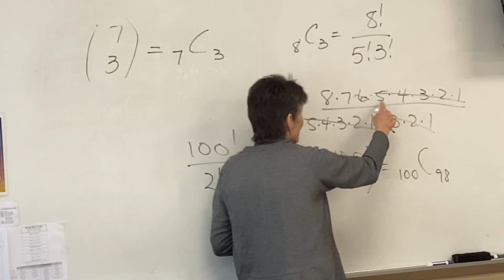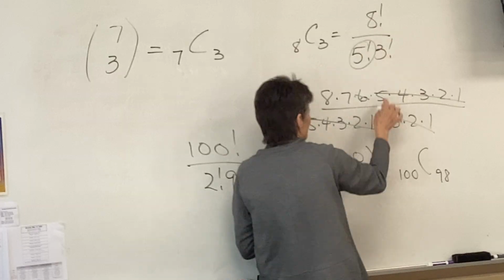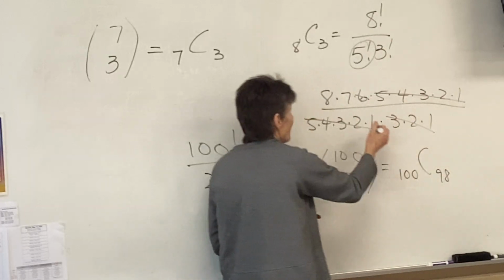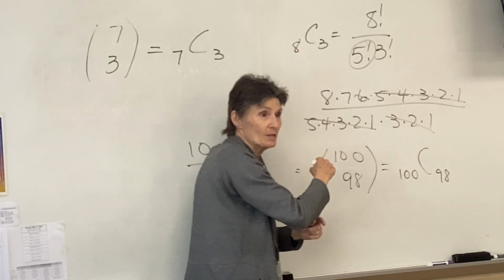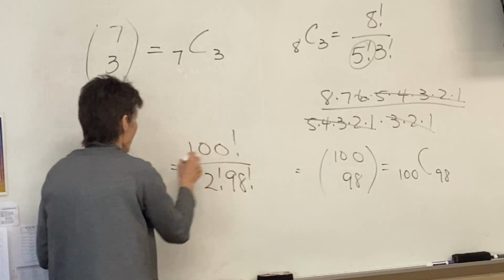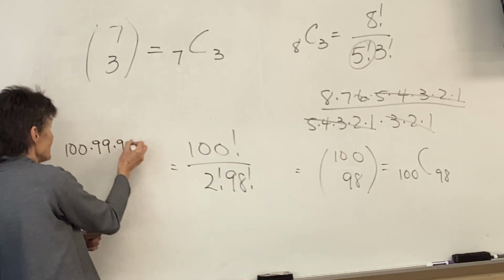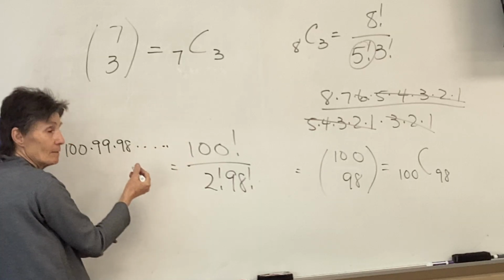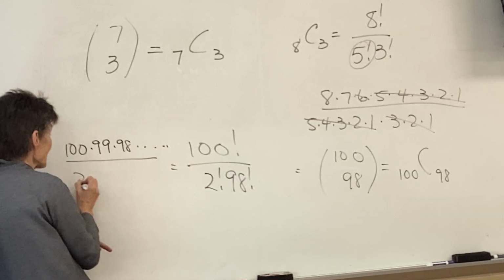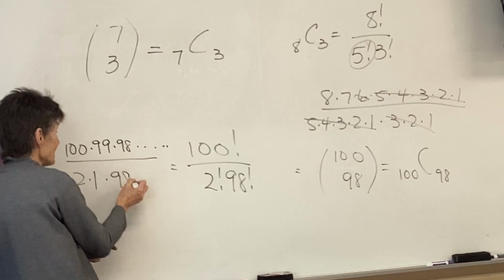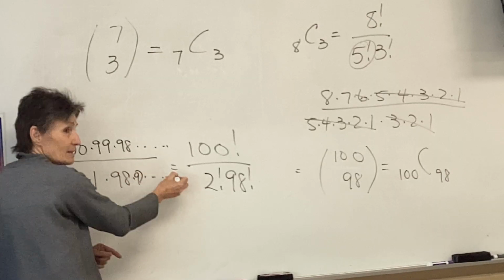Once I get down to 98, doesn't everything from 98 on cancel out? So if you think about this, 100 factorial is 100 times 99 times 98. I'm going to divide that by 98, 97, and so on.